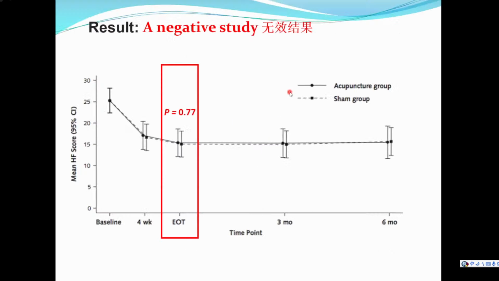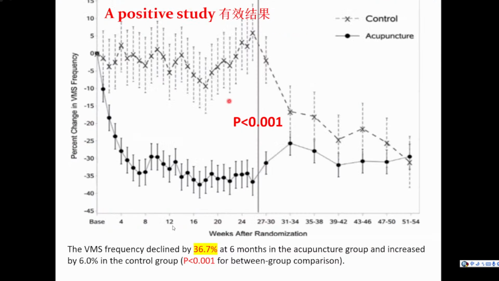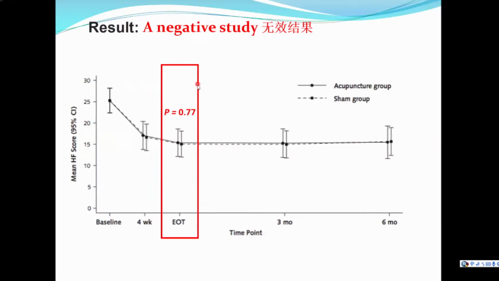Okay. And then the next study is by another group in Australia. They considered it a negative study, but actually the results are the same. You can see this 30% improvement from 0 down to minus 35, from baseline. This one goes from 25 down to 15.